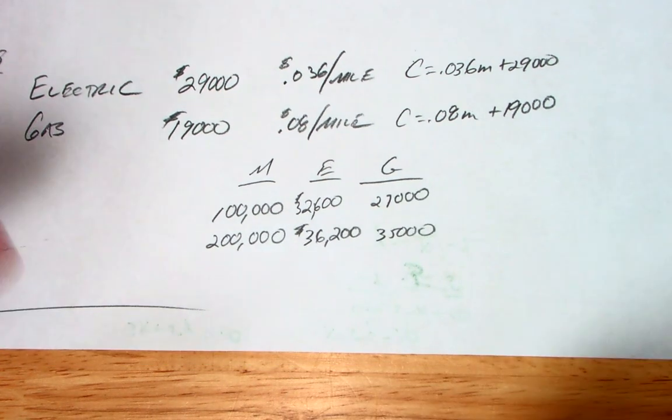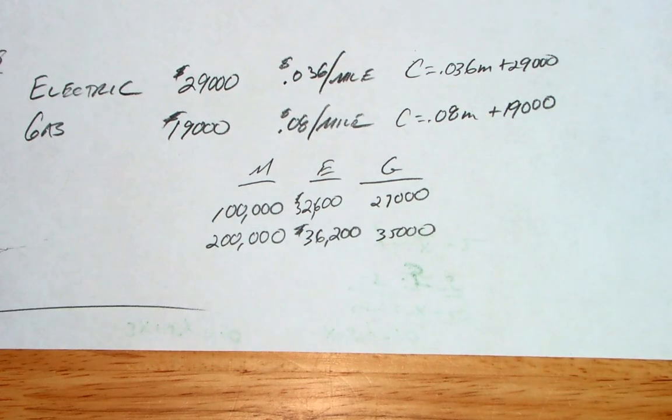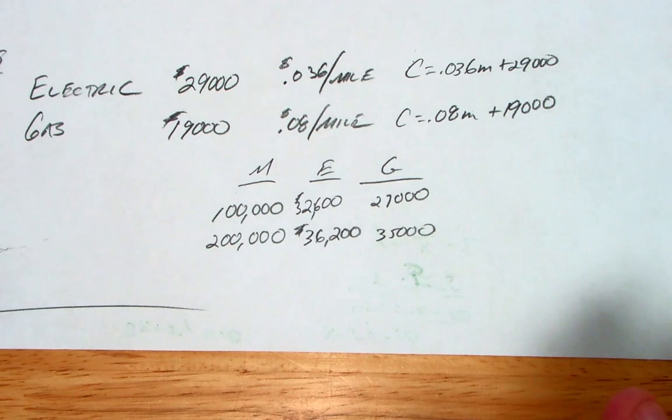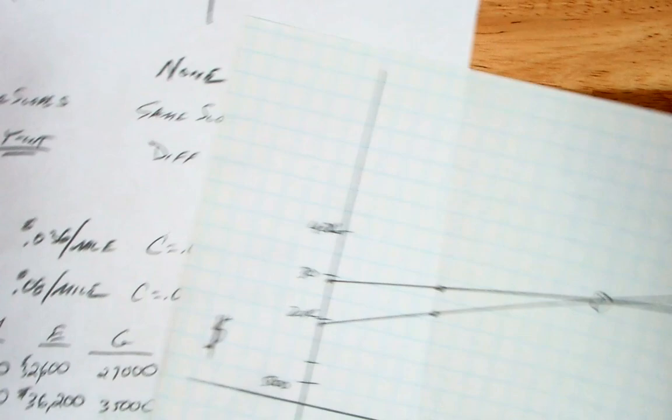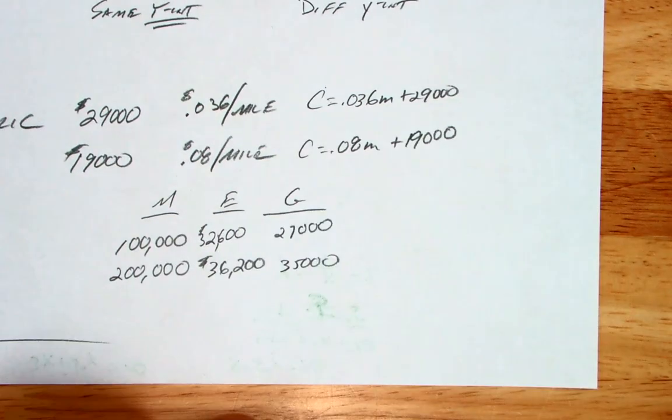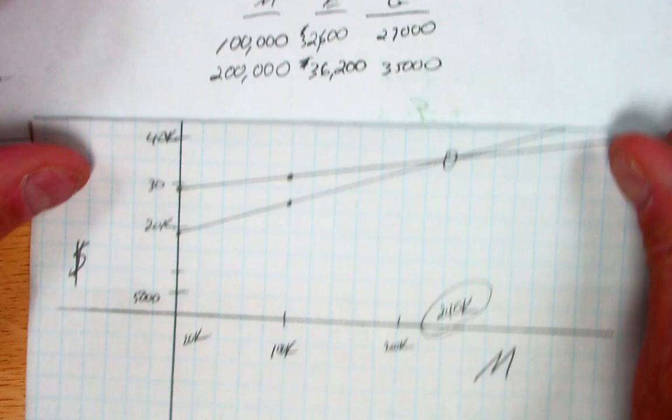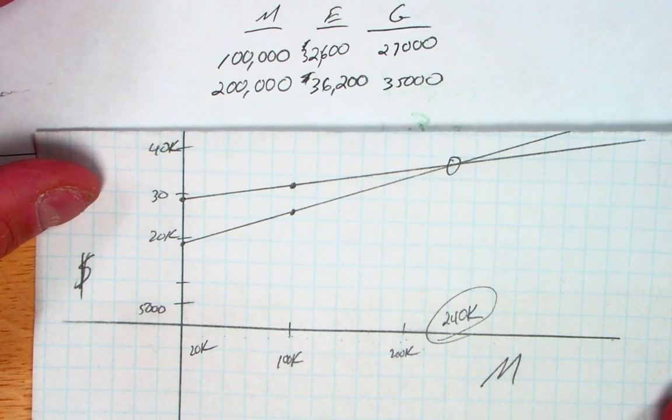Okay. So here's what I would do. If I was going to graph this one by solving, I've drawn this graph before, so I'm just going to tell you what I did. We're not going to go through the whole thing step by step. But now that I've got points, I can just go ahead and plot this out. I think the hardest thing on this problem is picking your scale.